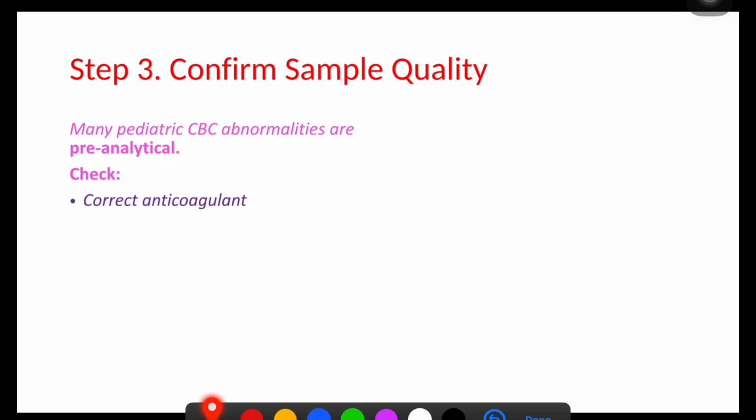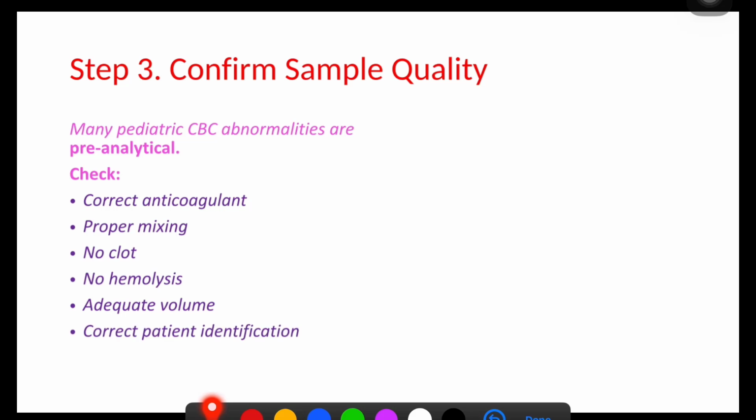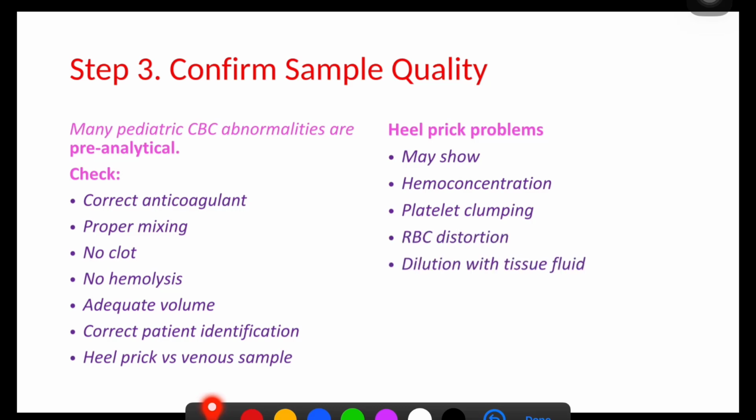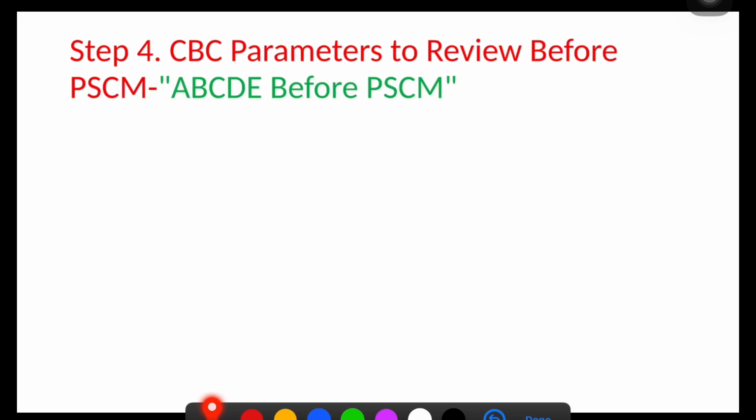So check whether it is taken in the correct anticoagulant tube, whether proper mixing is done, whether a clot is present, whether hemolysis is present, whether adequate volume is there, and correct patient identification, and whether the sample is a heel prick sample or a venous sample, because what are the problems in heel prick samples? It may show hemoconcentration, platelet clumping, RBC distortion, and dilution with tissue fluid.